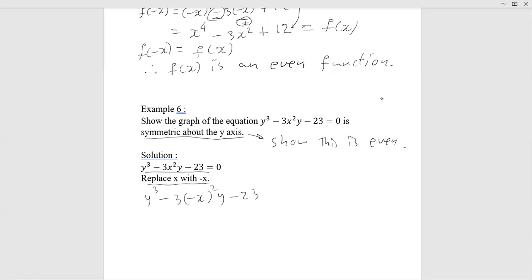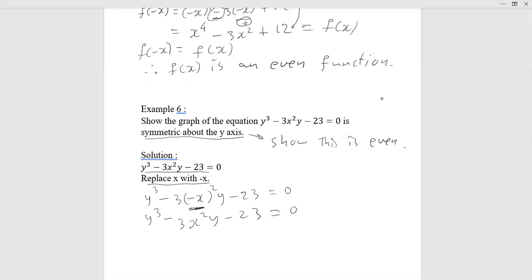Now let's simplify this. Y cubed minus... now here again negative x squared is positive x squared, therefore this is negative 3x squared y minus 23 equal to 0.